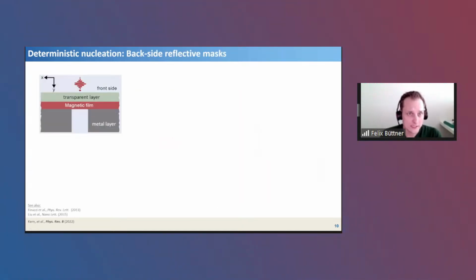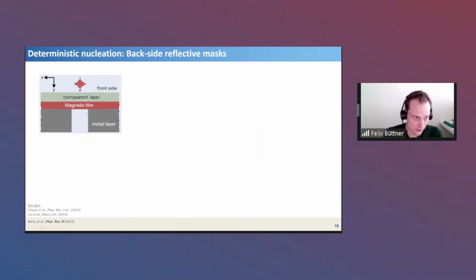For the laser-induced nucleation, we can also focus the heat of that laser to certain areas, similar to previous reports where people have used the tip of an AFM or plasmonic effects. Here we show that you can also use backside reflected masks for tuning where exactly you deposit the heat of the laser.